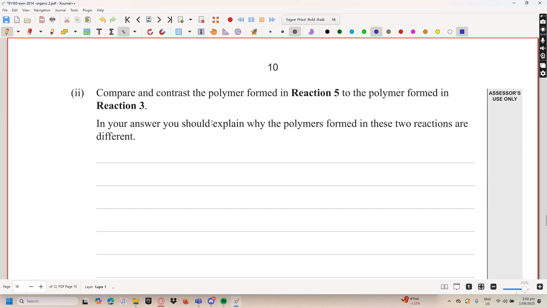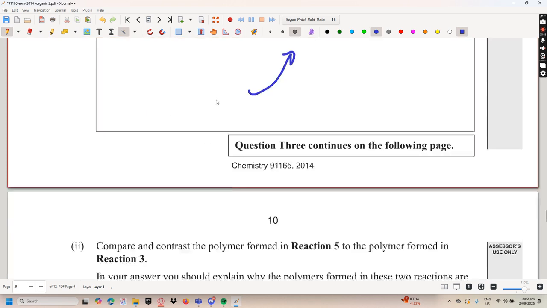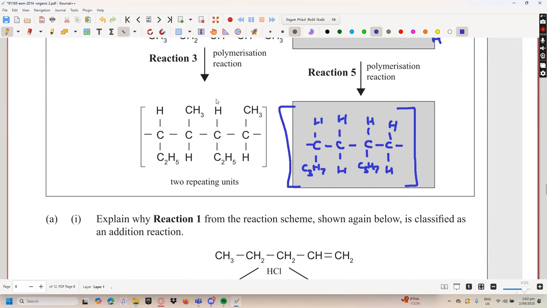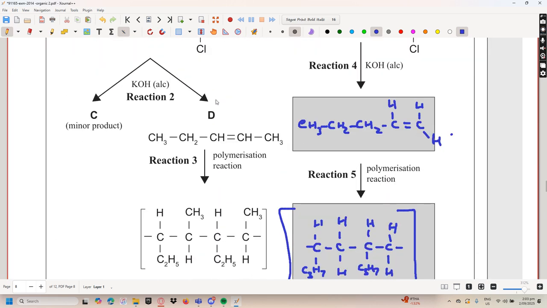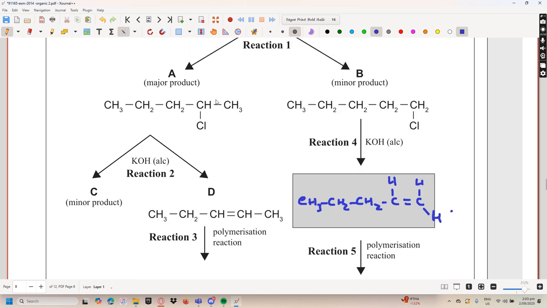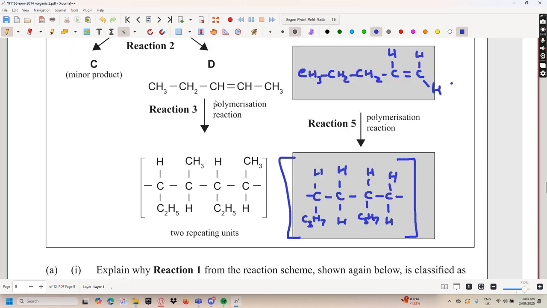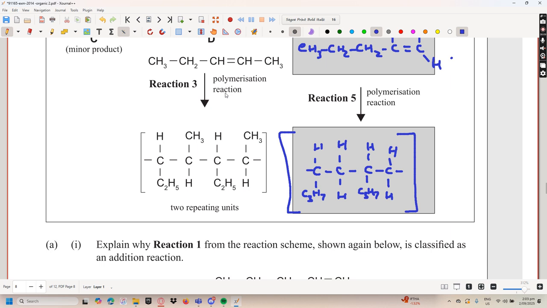Compare and contrast the polymer formed in reaction 5 to reaction 3. Right. Let's have a look. Okay, so what's similar and different about these guys?